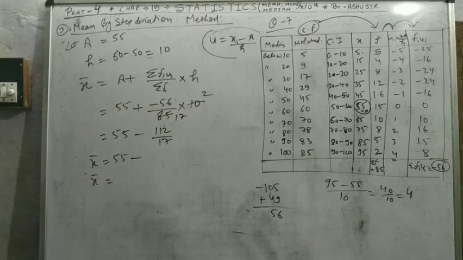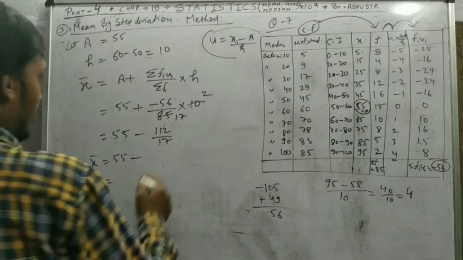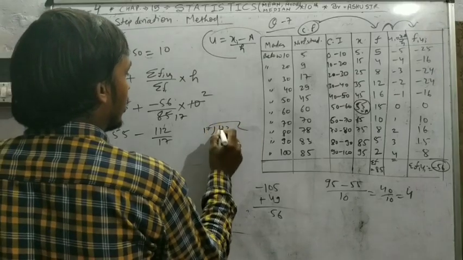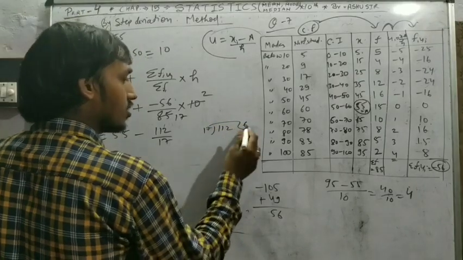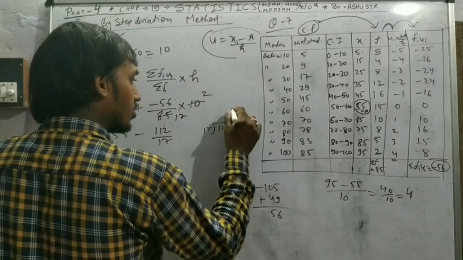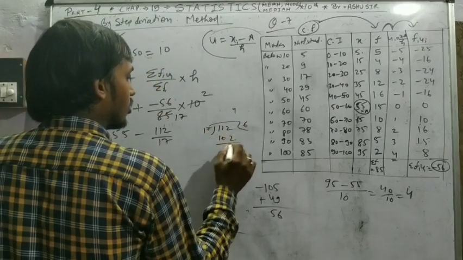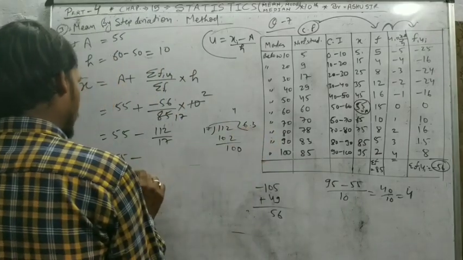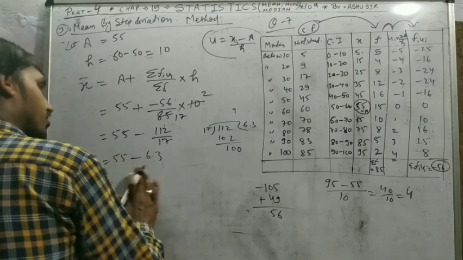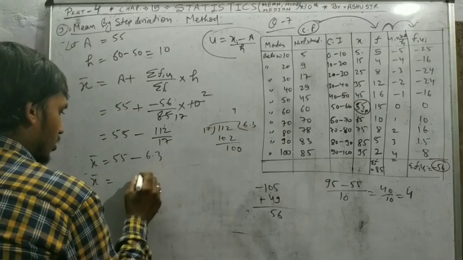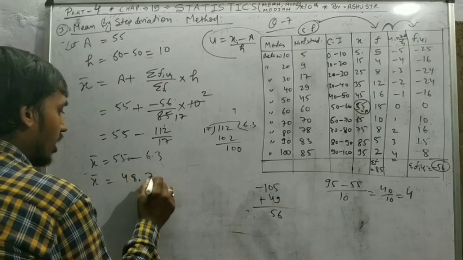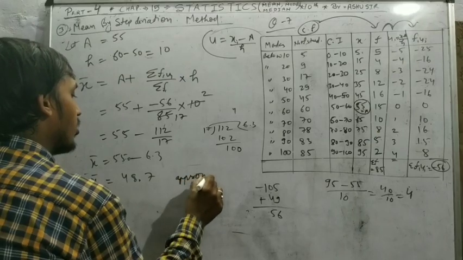So approx 17 3s are 51, 17 6s are 6.3. So approx 48.7.